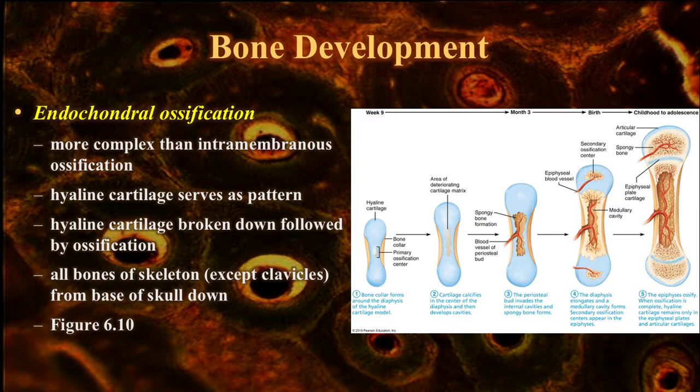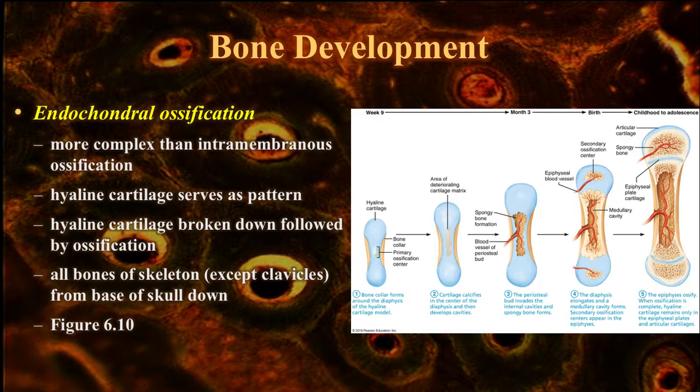So what we end up with at the end of the process is something that looks like this. Okay? So you start out with a bone collar that surrounds the outside. So that's the first bone that's there. Then we have a primary ossification center where the bone is going to start growing inside the cartilage and fill it out. Okay?